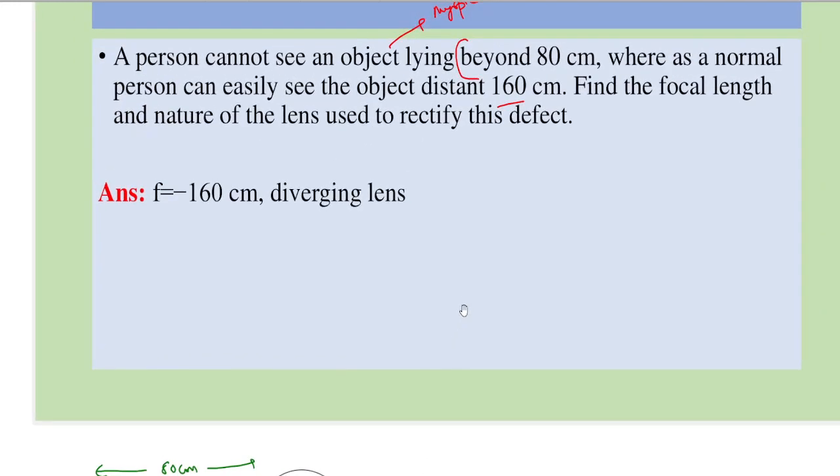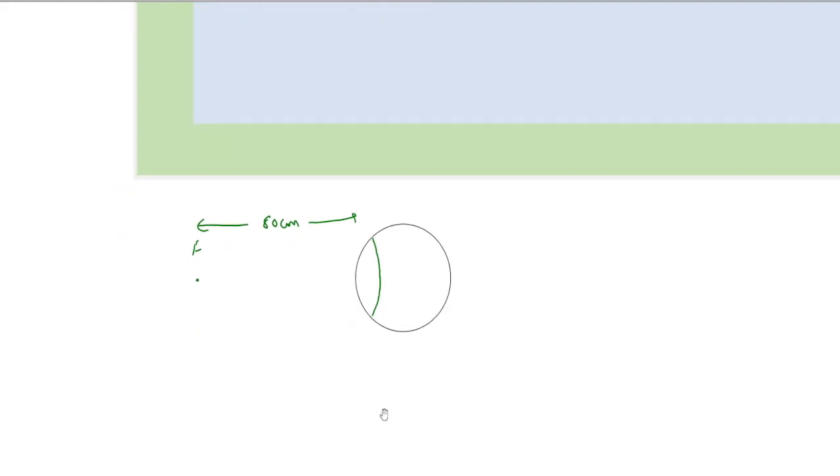So we need to find a lens which would help the person to see an object placed at the point O. Since the person cannot see beyond this point, it's a myopic defect.